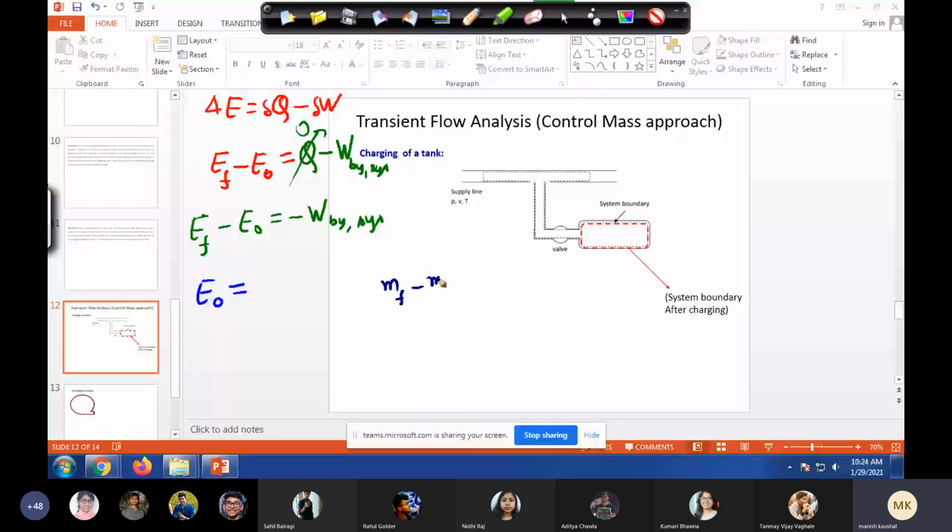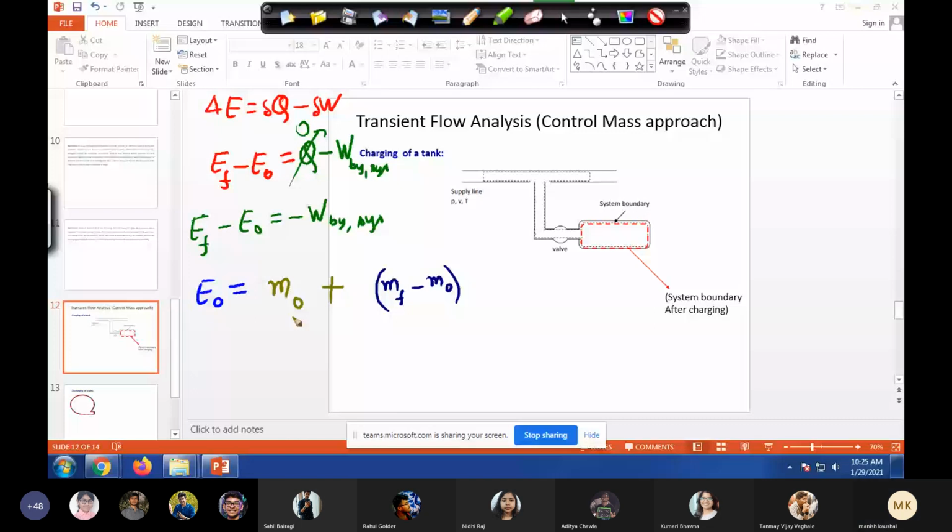Another component is M naught inside the tank. And what kind of energy do we have here? Do we have any macroscopic kinetic energy? I say ignore it. Potential energy, ignore it. So what do we remain with? Which form of energy?